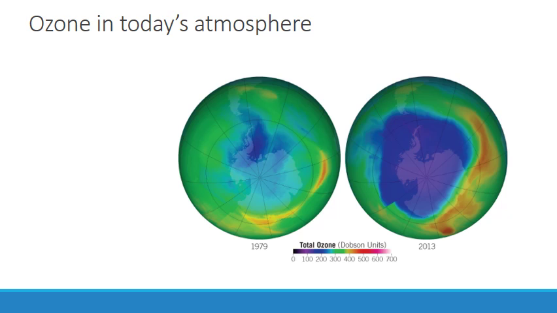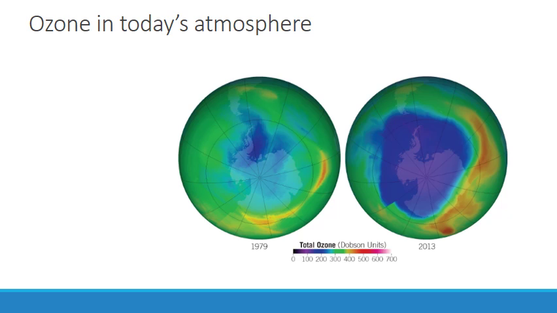Although it's concentrated, I keep saying 10 to 50 kilometers, that's 6 to 31 miles above the Earth's surface, it is very vulnerable to human activities. Chemicals manufactured by people break up ozone molecules in the stratosphere, weakening the shield against the UV rays.